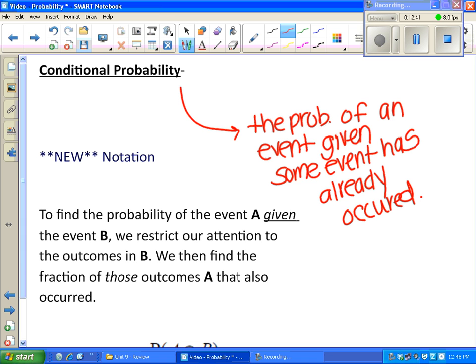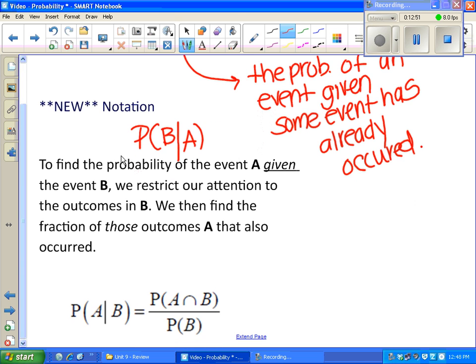We have some new notation for this, so it's the probability, for example, of B given A has already occurred. And the formula that you will use for this is below. The probability of, for example, A given B equals the probability of A and B over the probability of B.